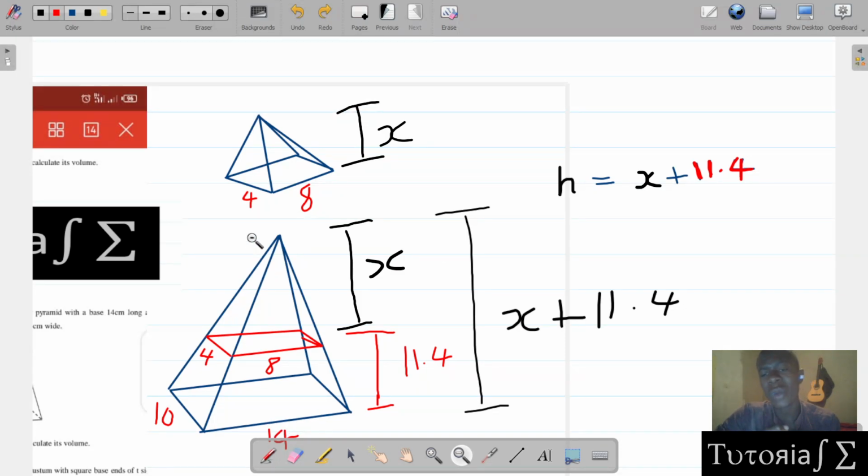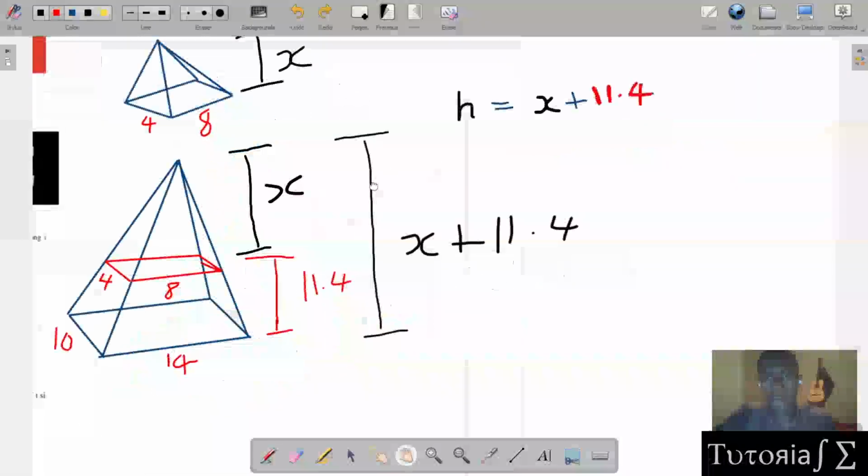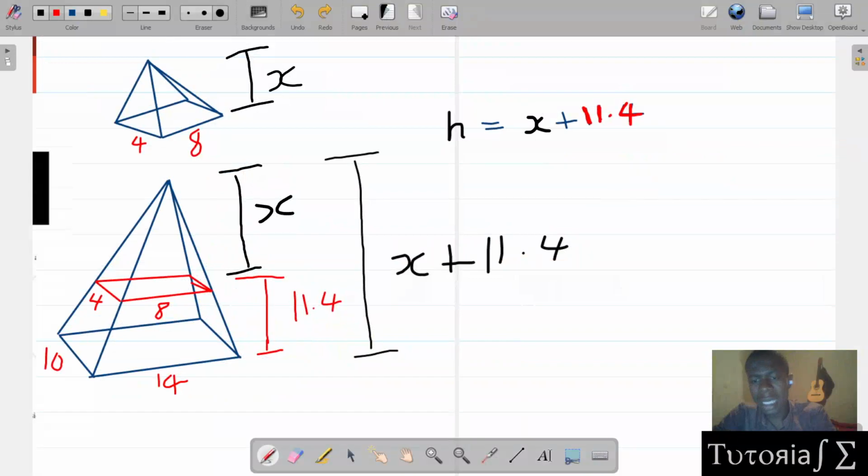We can also, if we wanted, use the short side 4, which corresponds to the short side 10 there. So that is how we're going to take our proportions. So we're saying the height x of this small one corresponds to the height of this one, which is x plus 11.4.